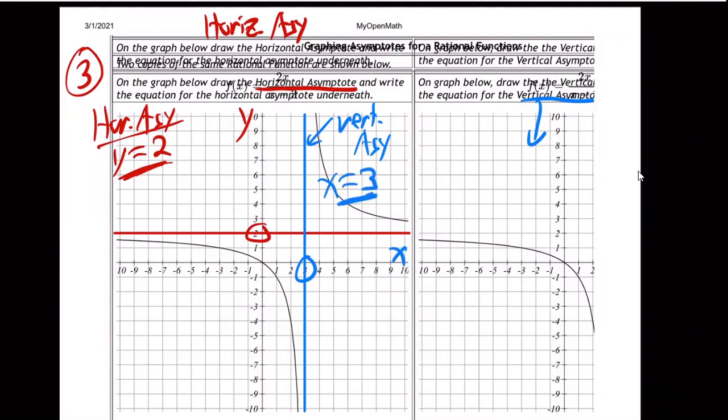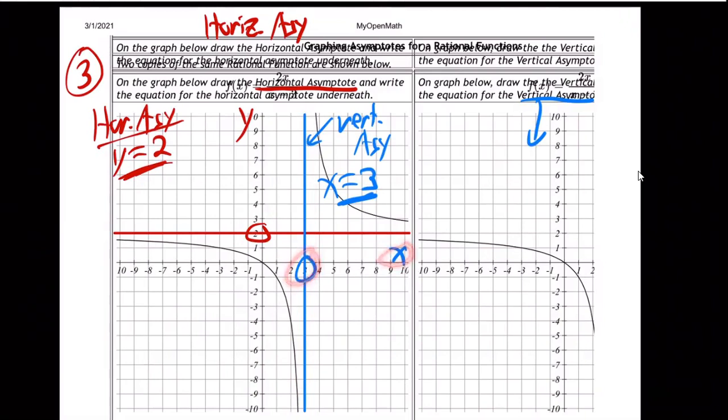They want you to practice looking at a graph and figuring out what they mean when they speak of a horizontal asymptote and a vertical asymptote. So this one has a horizontal asymptote going through the y-axis at 2 and a vertical asymptote going through the x-axis at 3.